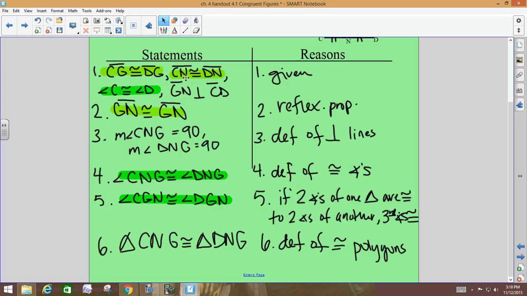They're not all going to be 6 steps. Some might be shorter, some might be longer. Just kind of depends. Once you have step 6 copied down, start doing your given for the next proof.